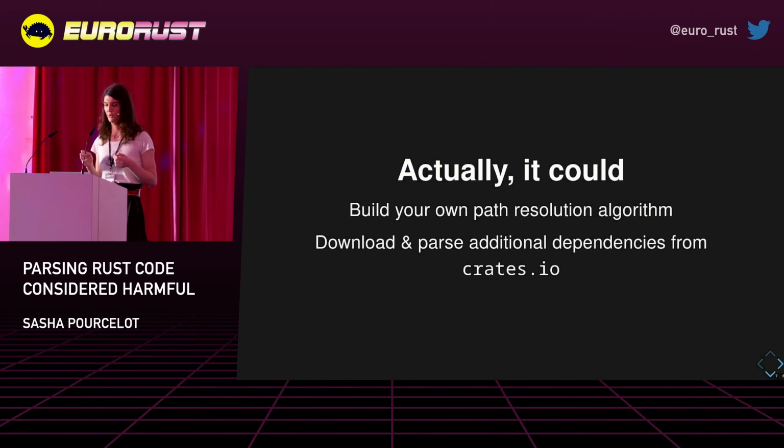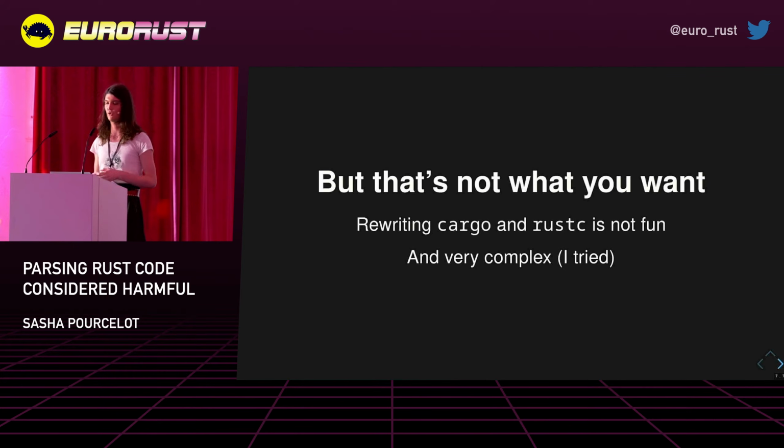There are possible solutions. For instance, I could write my own path resolution algorithm. I could download each dependency on my own and parse it directly from crates.io. But this is just way too complex, and this is a very bad idea, since this is not our job. Our job is to take information and perform static analysis.